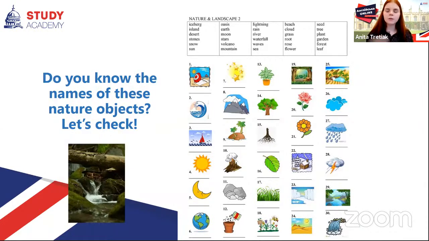Beach, wave. Okay, good. What else can you see there? Sea, sun, moon. Yeah. Any other objects?